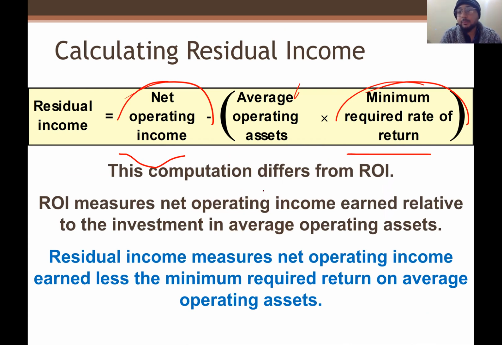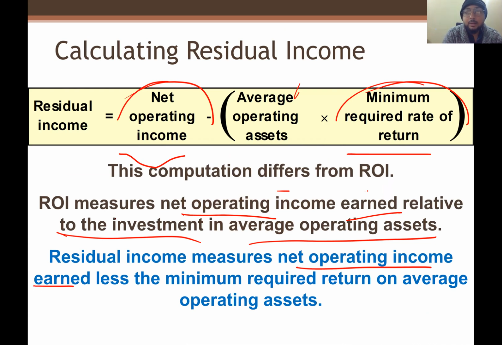So this computation is, of course, different from the ROI method. ROI measures net operating income earned relative to the investment in average total assets. But residual income measures net operating income earned less the minimum required rate of return on average assets.